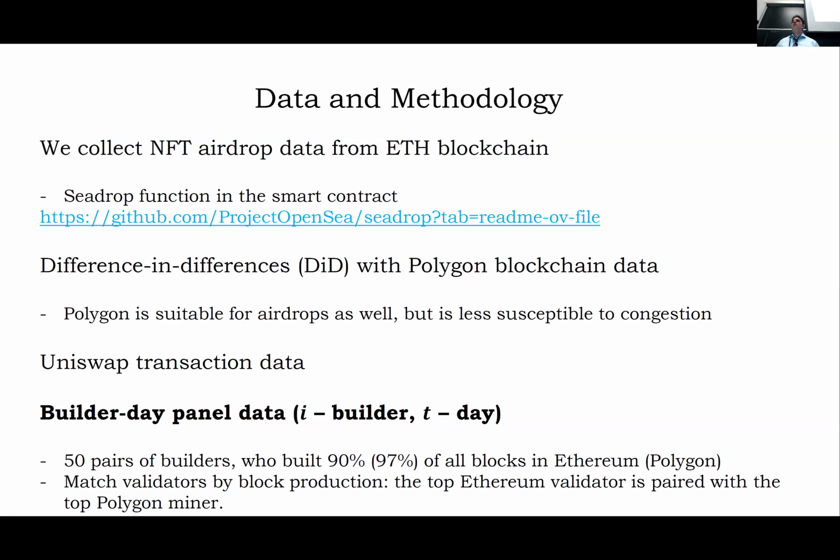The link between price impact and efficiency. This is Uniswap transaction data. I will use Uniswap transactions to compute price discovery. It's not the classic microstructure based on the reaction of market makers.